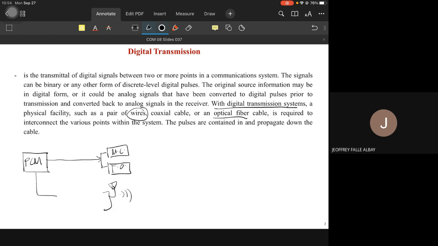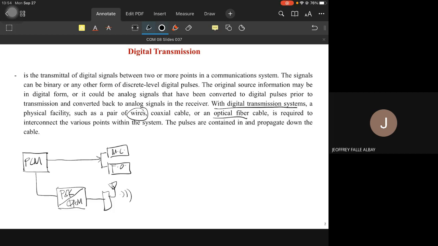That's why the PCM signal has to pass through what we learned before, either QAM or PSK, or any other digital modulation technique. There is an intermediary, PSK or QAM, before you transfer wirelessly.